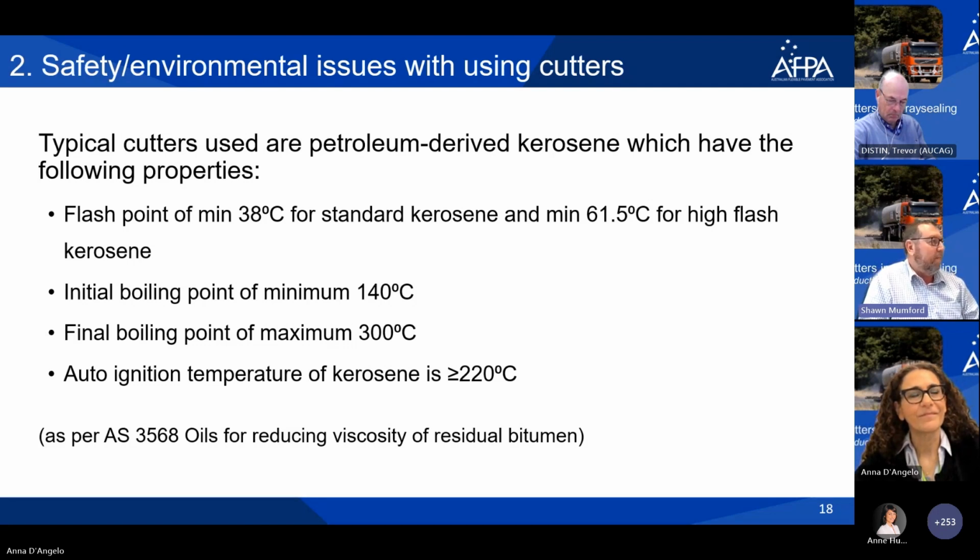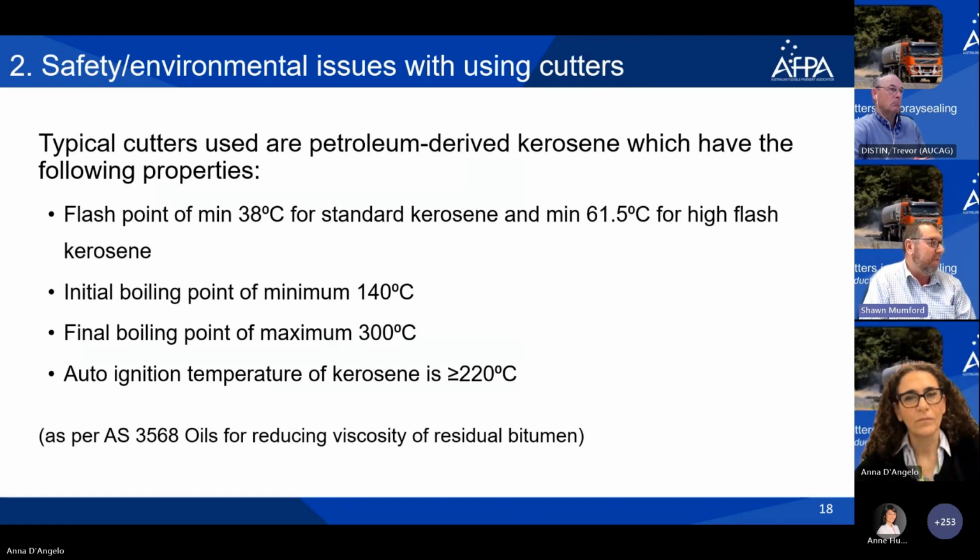So most of the typical cutters used in our industry are petroleum-derived kerosene, which has the following properties. Flash point of a minimum of 38, that's for standard kerosene, and a minimum of 61.5 for high flash kerosene. And I guess what I've noticed over my career in this industry is that there's been a lot more adoption in more recent times for the high flash cutters, particularly for the field addition of the product out in the field.